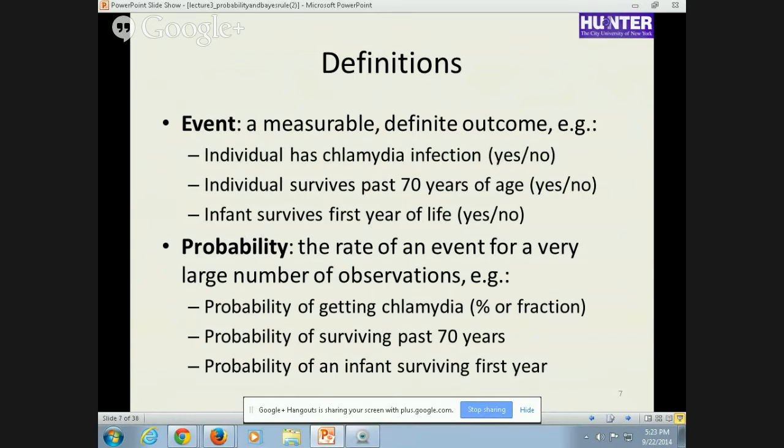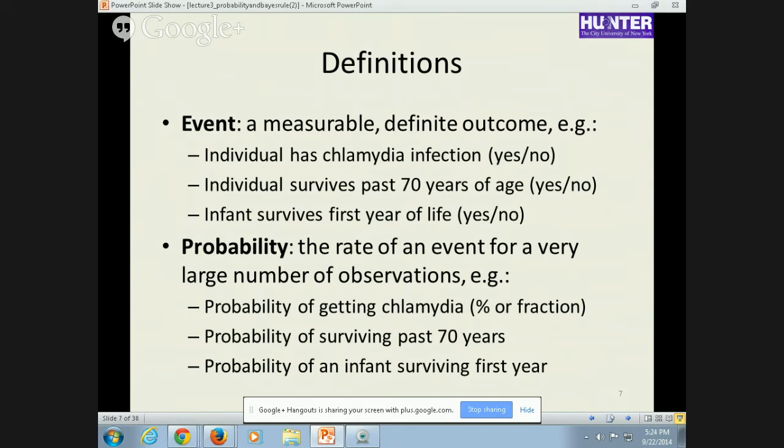And the probability reflects the uncertainty in an outcome. So for example, there are different interpretations of probability. It could be a probability of getting chlamydia over a certain period of time for someone who does not have it at the beginning.